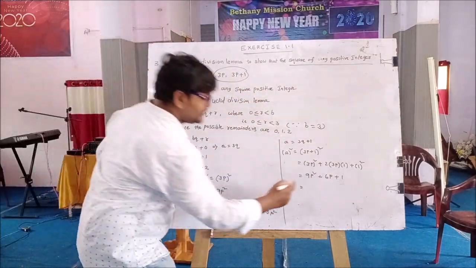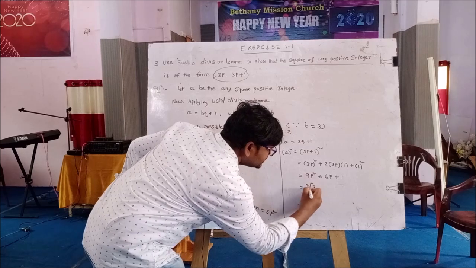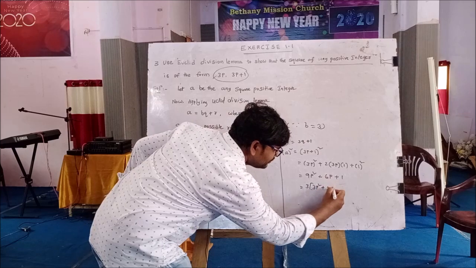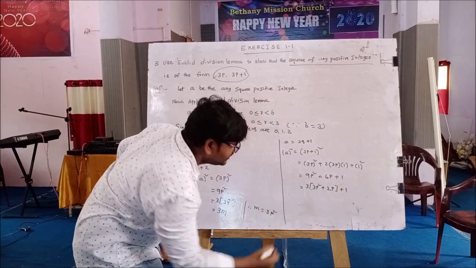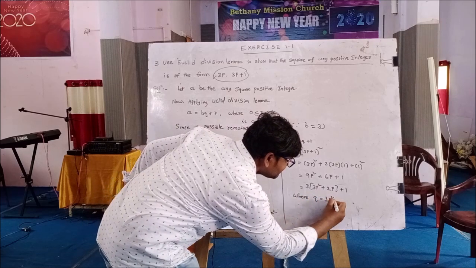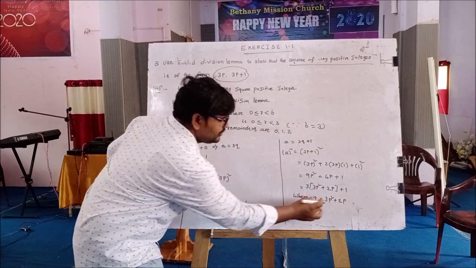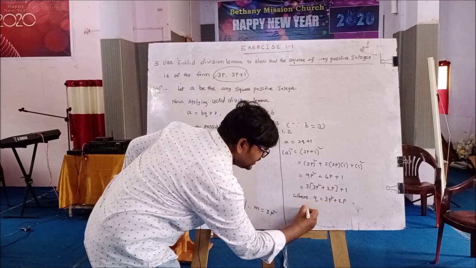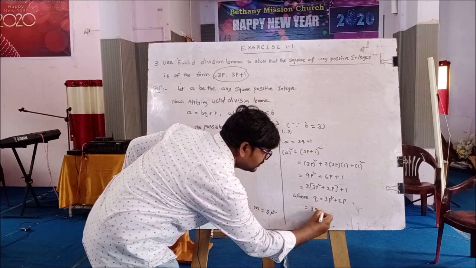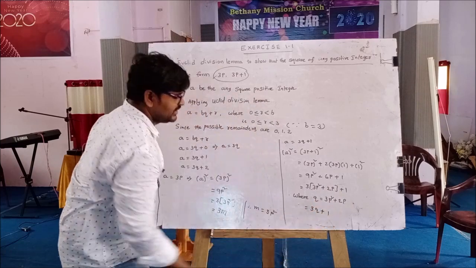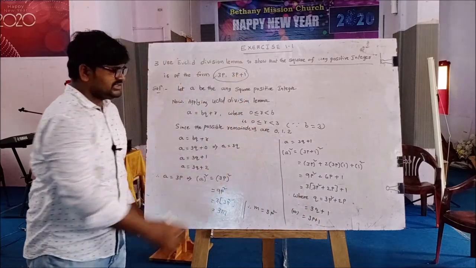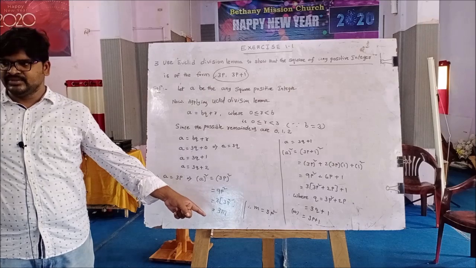Take common 3: 3 into 3p square plus 2p, plus 1, where q equals 3p square plus 2p. So a square equals 3q plus 1, or 3p plus 1. It's clear? This is the second condition.